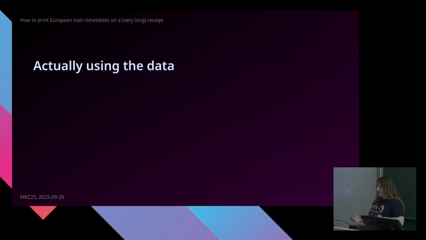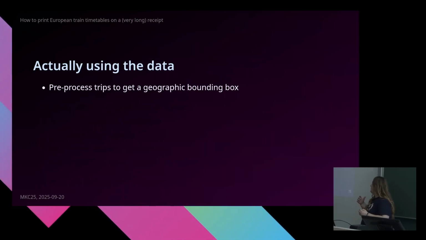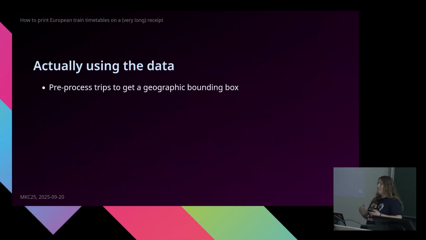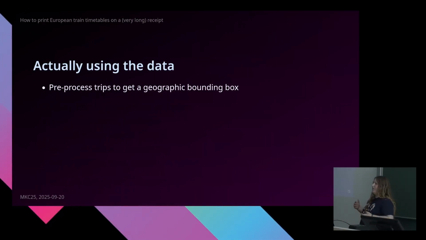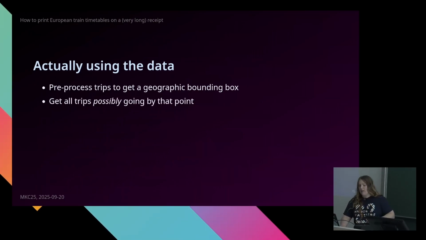We're going to actually use the data. First, we do a bit of pre-processing for each train trip we get. We basically take all the stops coordinates and make a bounding box to have a pre-filter of what trips might be relevant for a given observation point.